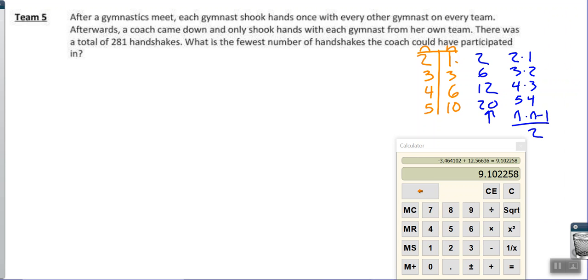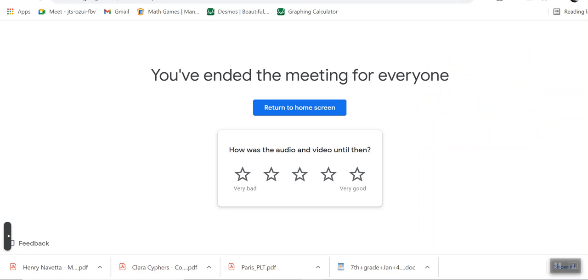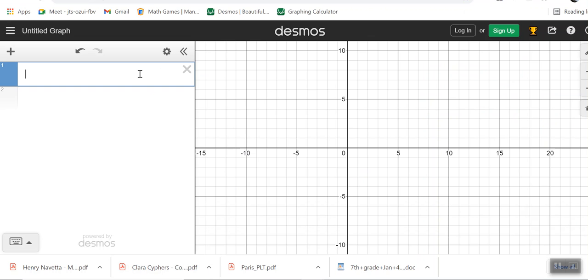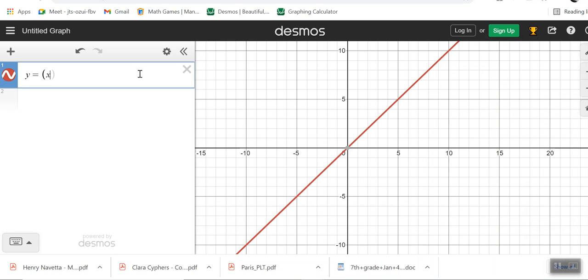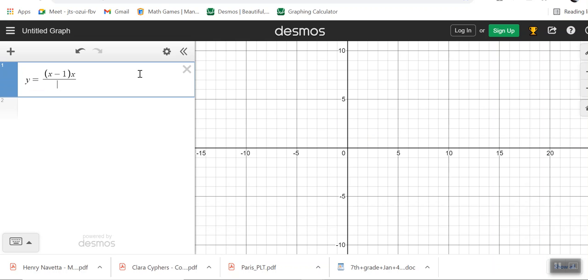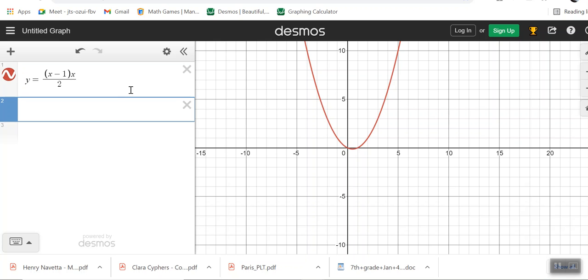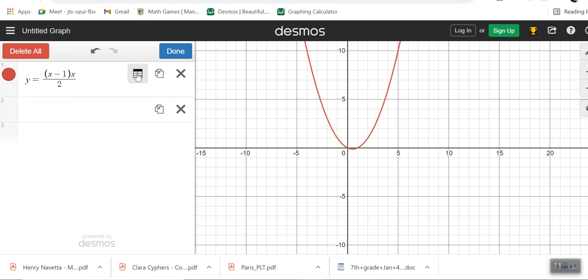You are then going to take this equation, and we're going to plug it into Desmos. So let's go to Desmos. Equals, and do divided by 2. And I'm going to turn it into a table.